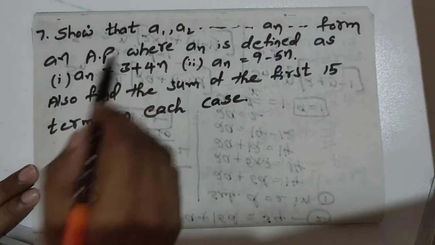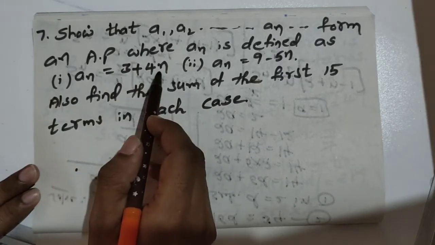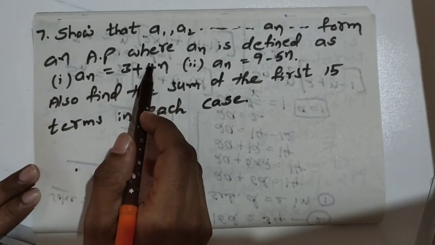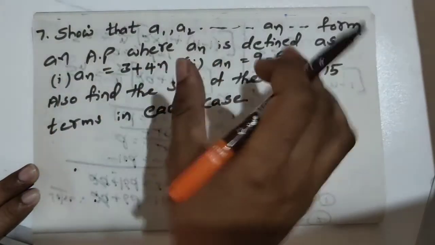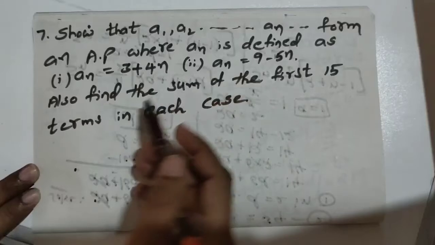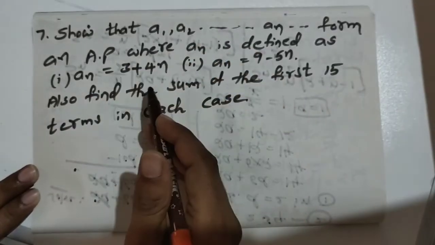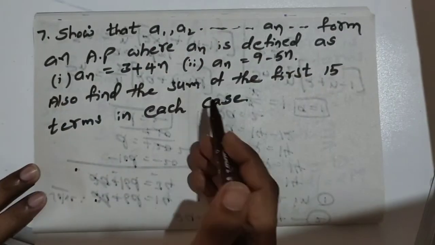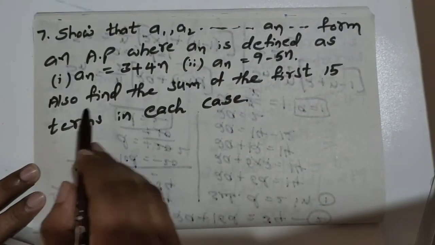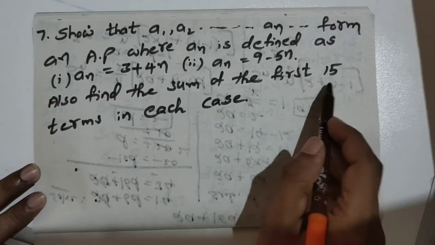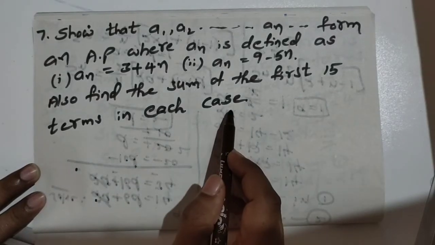First, by taking An equal to 3 plus 4n as the rule of this particular AP, we can get A1, A2, A3 up to so on. And then we have to decide whether it is an AP or not. In a similar way, the second sum. And after that, also find the sum of the first 15 terms in each case.